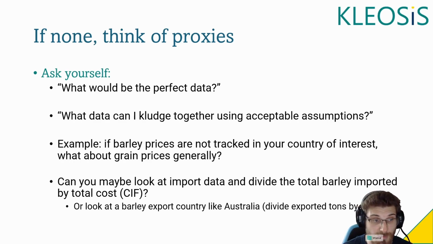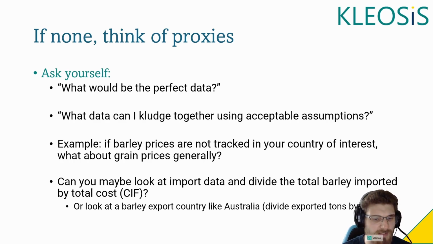So we can look at all three of those countries, and we can find the total tonnage of barley exported and the total receipts from barley exported. We can divide one by the other and calculate the average price of barley when it's exported. Then you would make an assumption: we know that the purchasing power of commodities tends to equalize across the earth because of arbitrageurs.